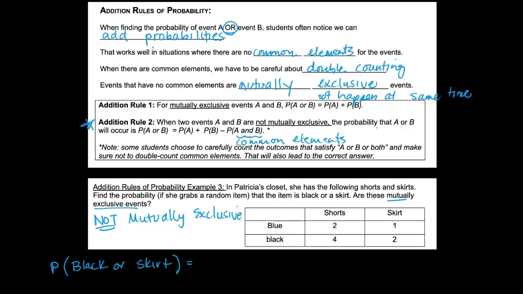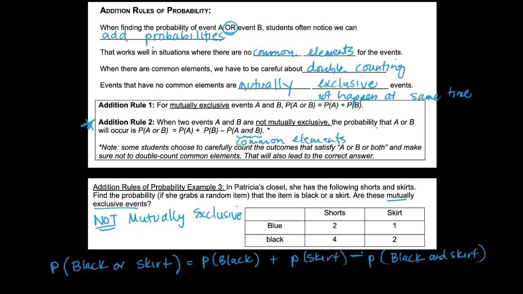So that means I have to find the probability of the one plus the other minus the probability of both happening at the same time. So I'm just going to write that out. So probability of picking a black item plus the probability of picking a skirt minus the probability of picking something that's black and a skirt at the same time.